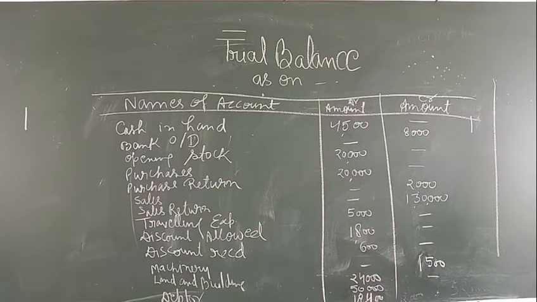4,500, 20,000, again 20,000 in the debit side, 5,000, 1,800, 600, 24,000, 50,000 and 18,400.